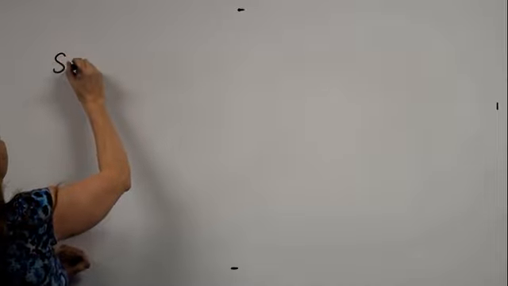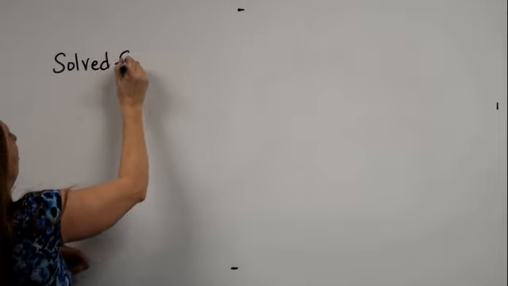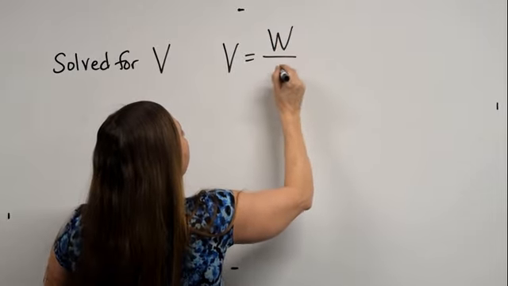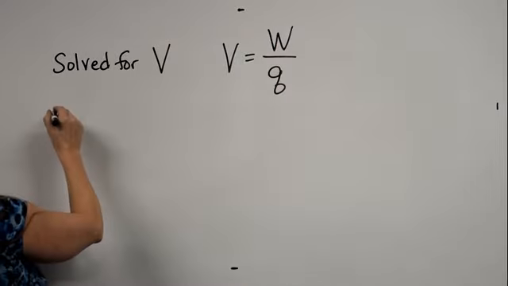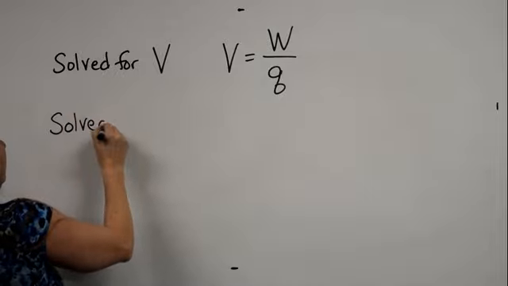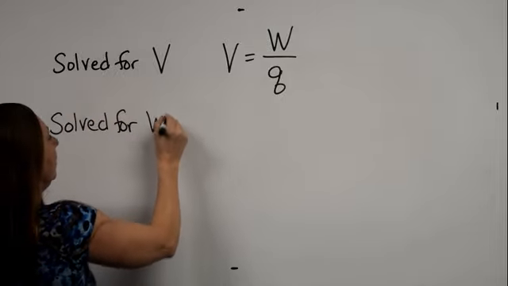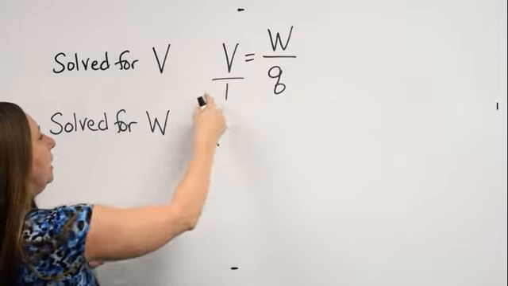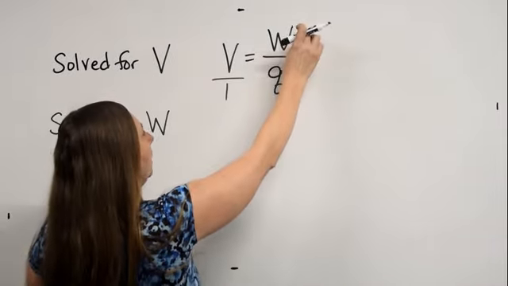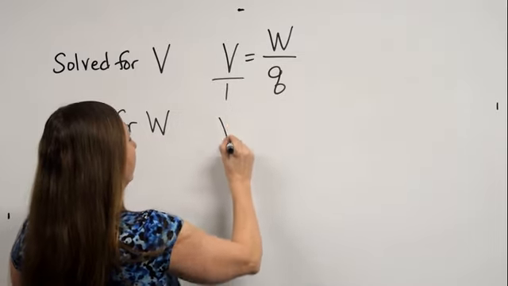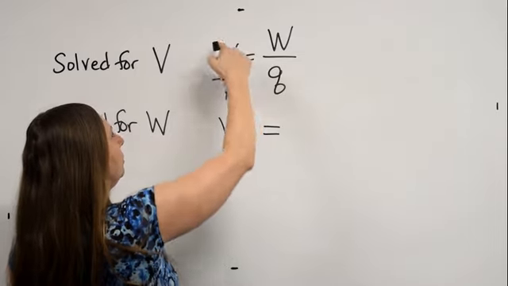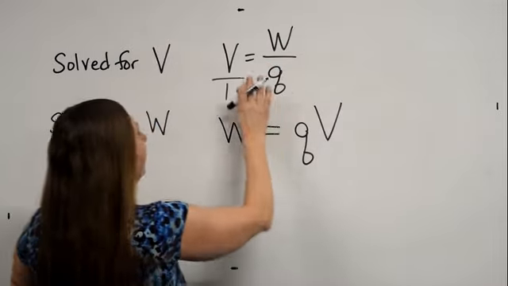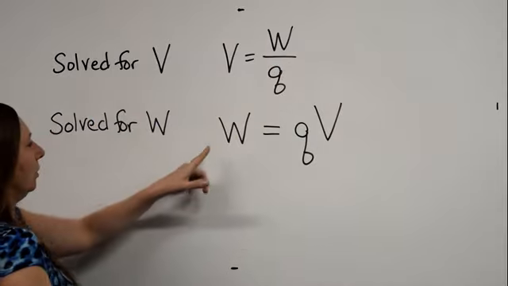Solved for V, V is going to be W divided by Q. Solved for W, it's very easy to cross multiply. W times 1, put the V over 1. W times 1 is W equals Q times V. So that's solved for W.